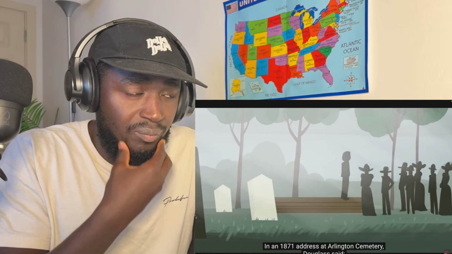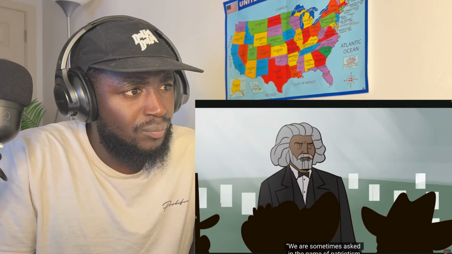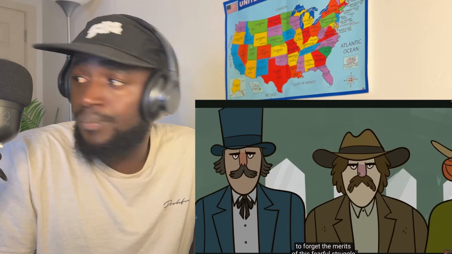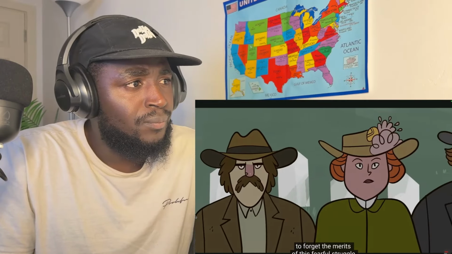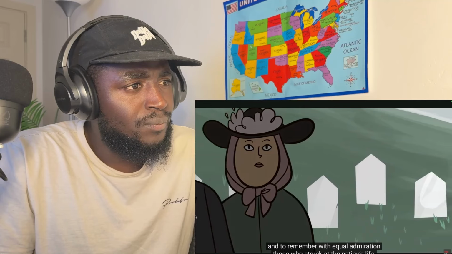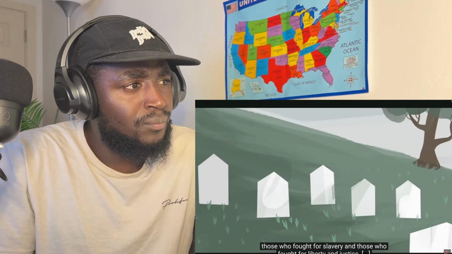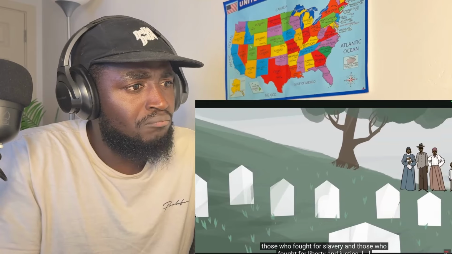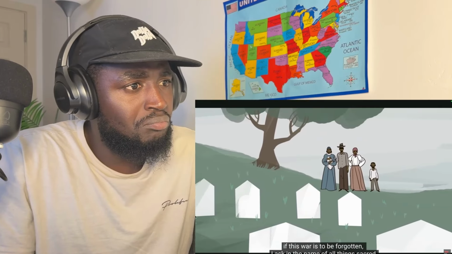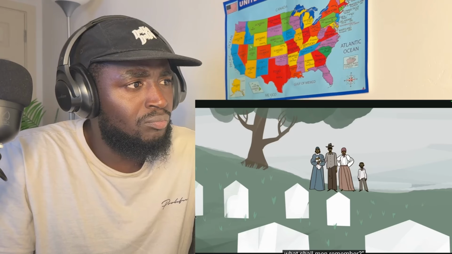In an 1871 address at Arlington Cemetery, Douglass said, "We are sometimes asked in the name of patriotism to forget the merits of this fearful struggle and to remember with equal admiration those who struck at the nation's life and those who struck to save it, those who fought for slavery and those who fought for liberty and justice. If this war is to be forgotten, I ask in the name of all things sacred, what shall men remember?"